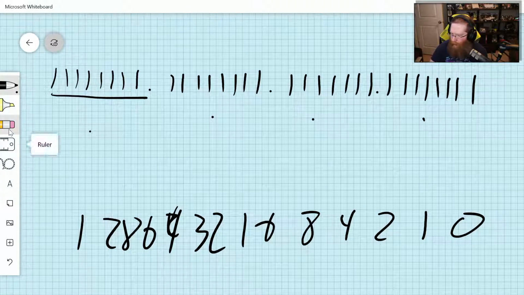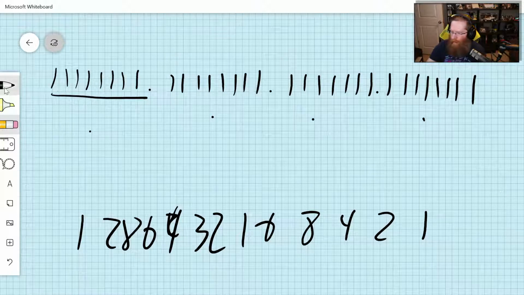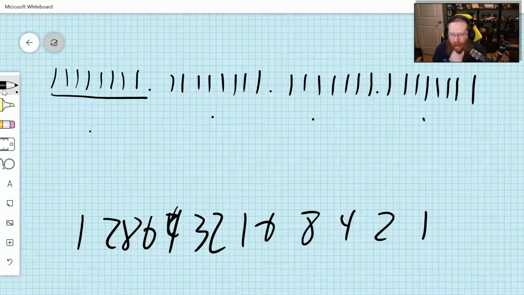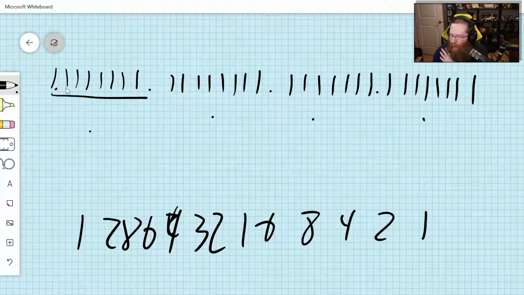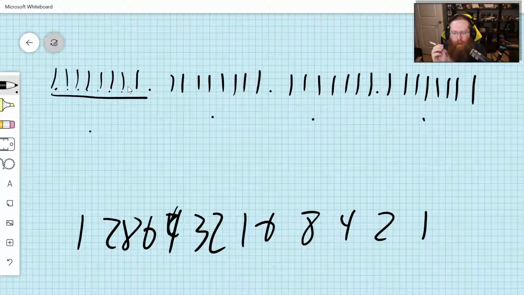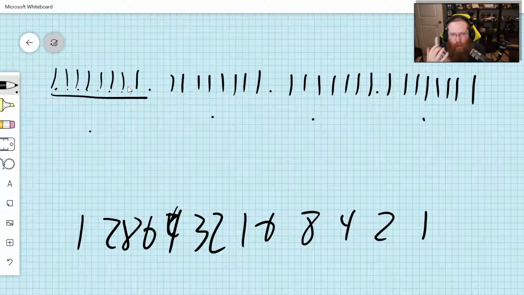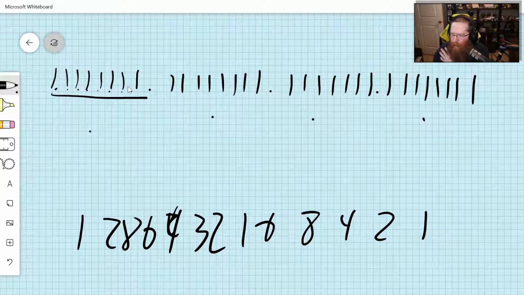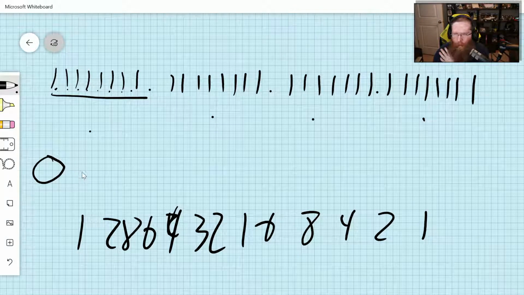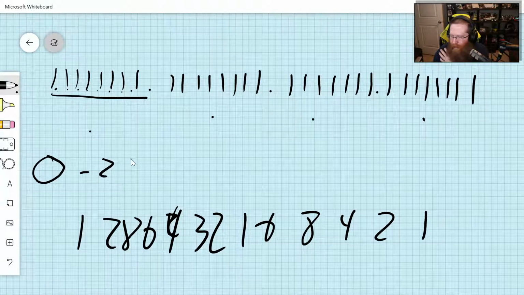Now, I'm going to go ahead and erase the 0 because we're not talking about how to add here. These are objects. We need to make sure that we're stipulating that. Each one of these individual ones sitting here right now is a thing that can be used. It's not a counting measure. A 0 in what we're about to do is an object.